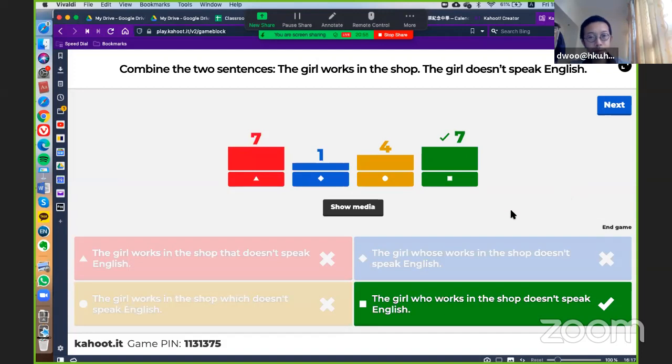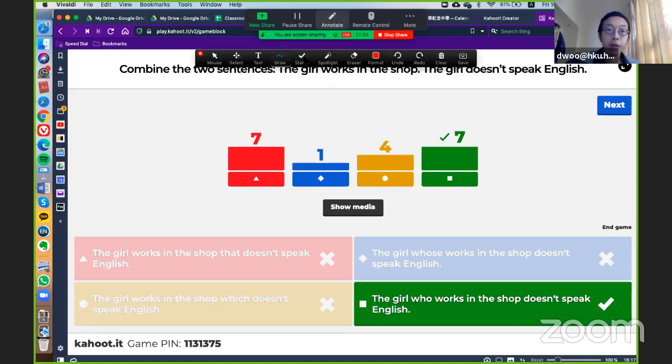Okay. So this question was very similar to the question we just saw. We see two sentences, and the common words in the two sentences are the girl.